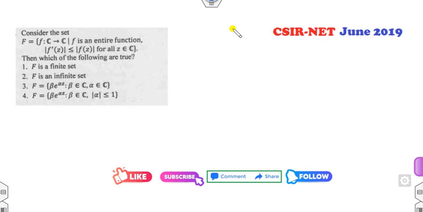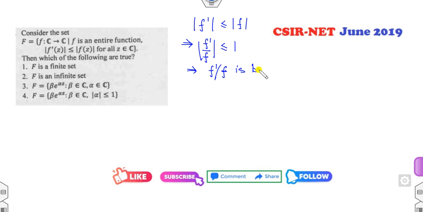f is an entire function such that the modulus of f dash is less than or equal to the modulus of f. Then which of the following statements is correct? Collection of all those entire functions. I think that's a repetition of the previous part. I can write this part. What does it mean? f dash over f is bounded. Also, we know f is entire.